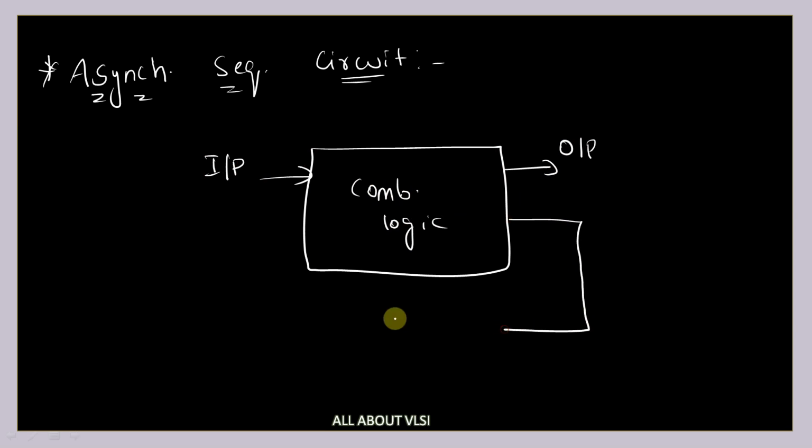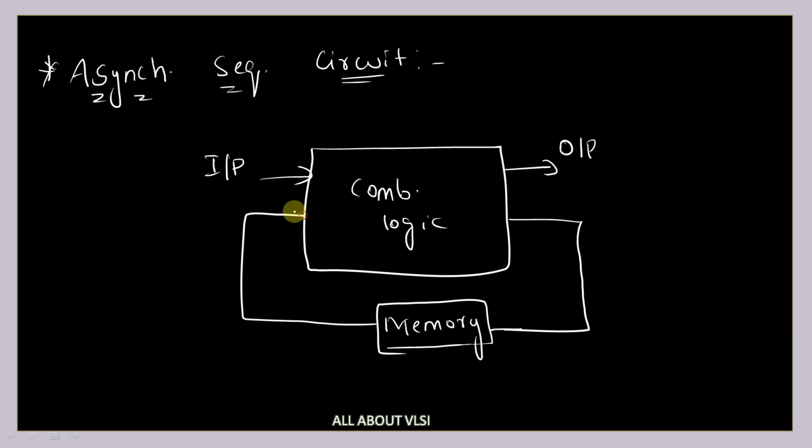The output is given to one memory element, and from this it is fed back to your input. The circuit which I have drawn is asynchronous in nature. That is, your output will immediately change with respect to the input. Your circuit will immediately respond to whatever values your input is given. So this is an asynchronous sequential circuit.